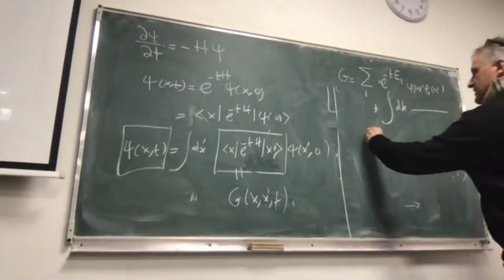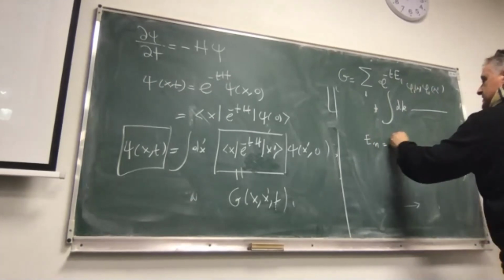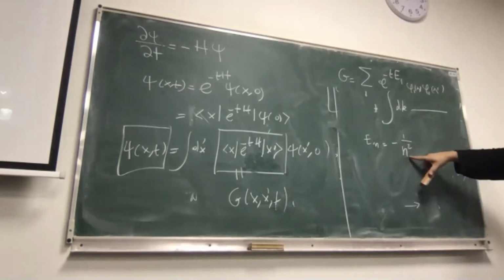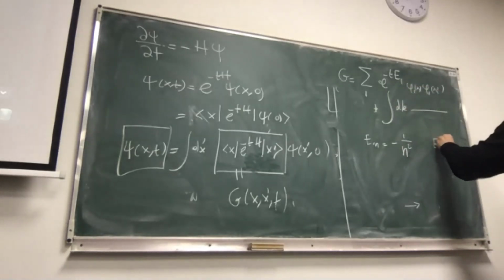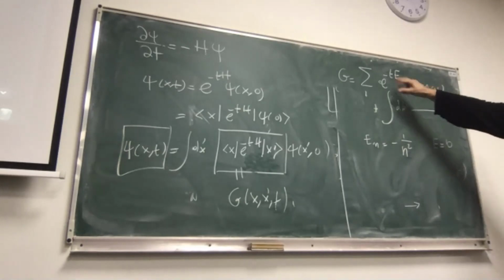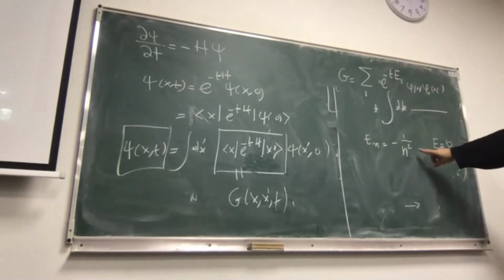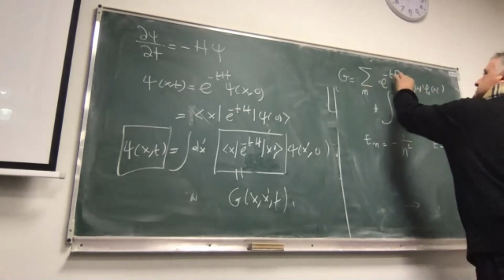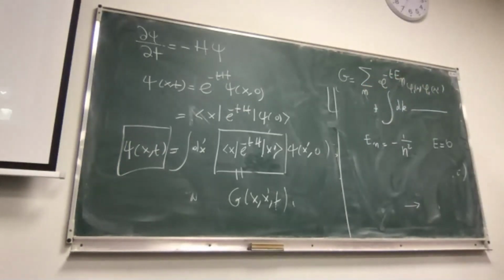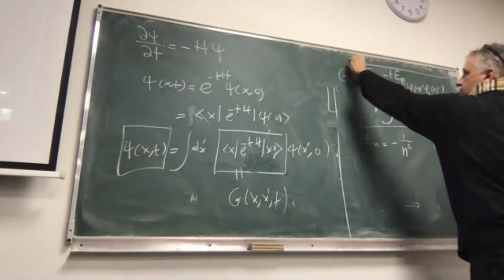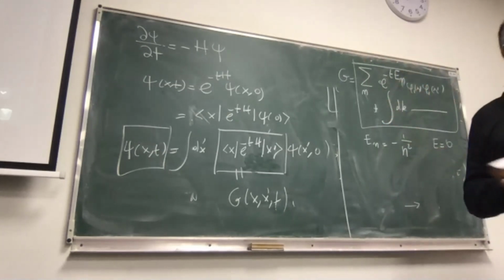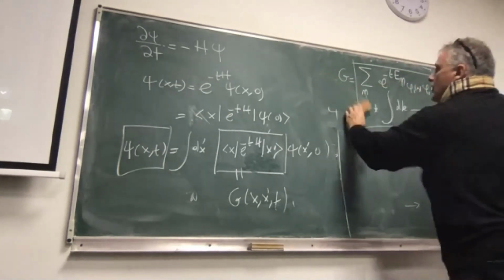If you look at the energy, it's in 1/n², and there is an accumulation point at E equals 0. So in fact, if you do that, it diverges, because of the spectrum here, the excited states, where I wrote the principal quantum number of the hydrogen atom. So clearly, of course, G doesn't diverge, but you have a compact expression which gives you that. So it's a kind of tour de force.